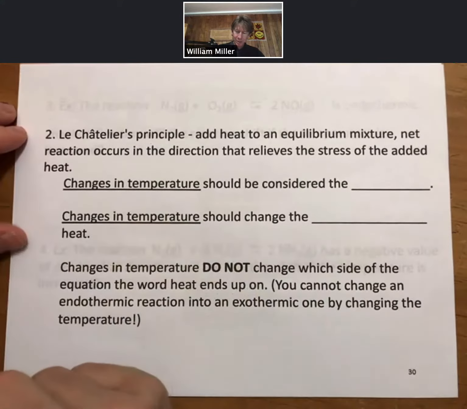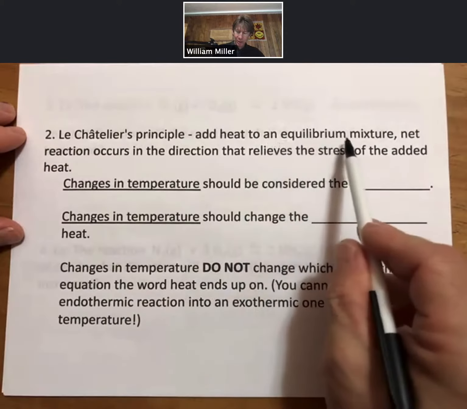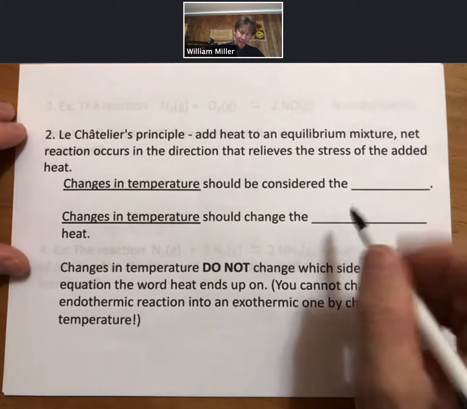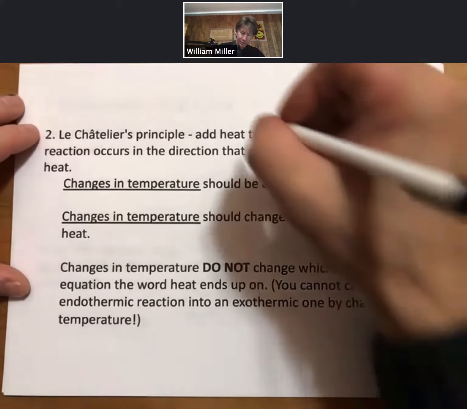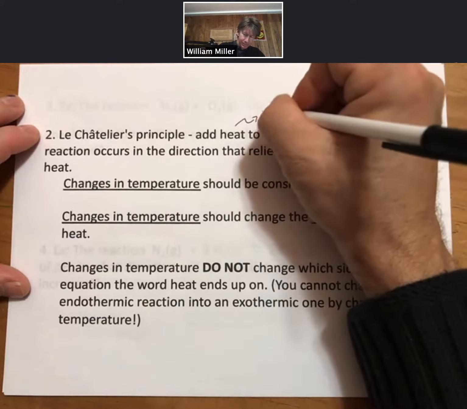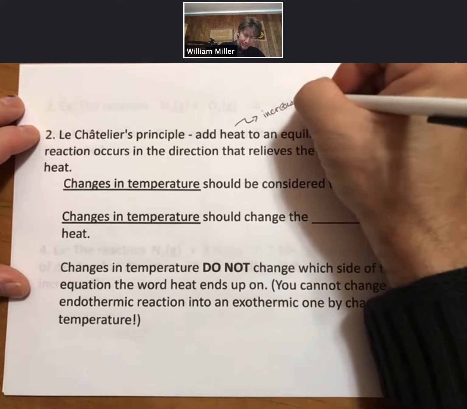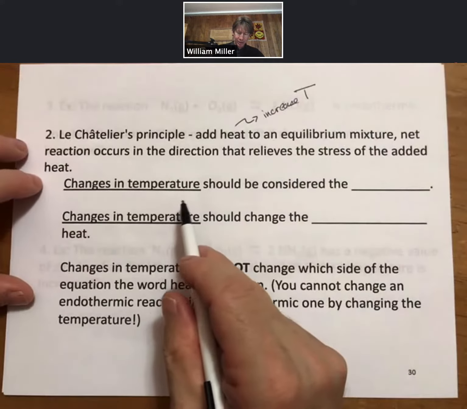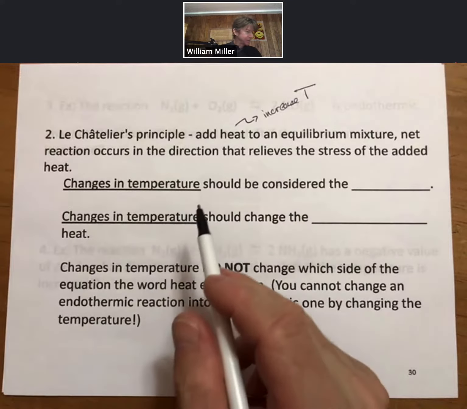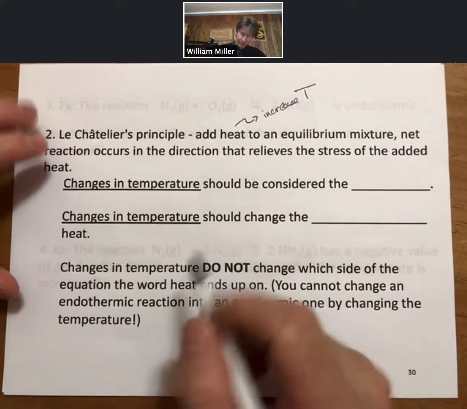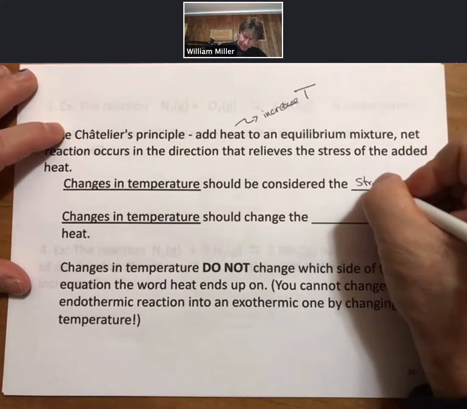And for Le Chatelier's principle, you add heat to an equilibrium mixture. Adding heat is going to increase temperature. Changes in temperature should be considered the stress on the reaction.